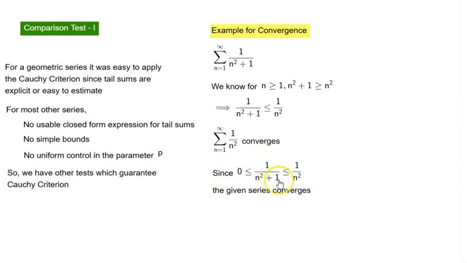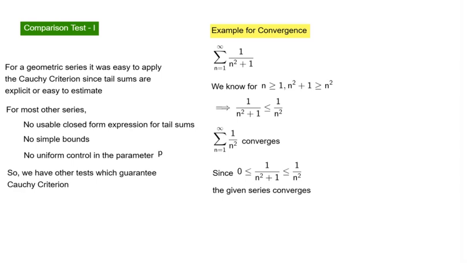Since 1 by n squared plus 1 is between 0 and 1 by n squared, the given series converges. So without getting into any problems, we have figured out that this series converges based on another series which we know converges.